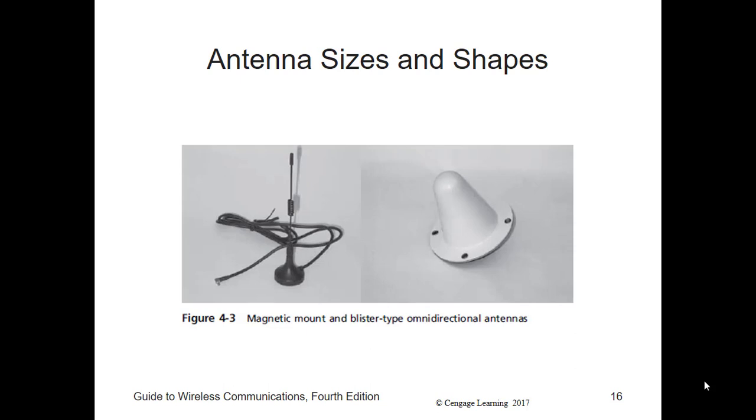As this graphic shows, there are two examples of omnidirectional antennas. On the left is a magnetic mount antenna. You see this in police cars, with an integrated cable designed for use in wireless LAN applications.